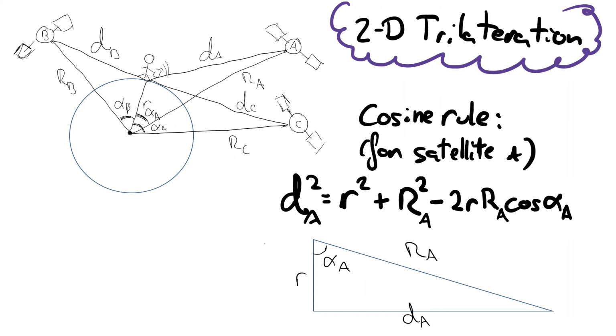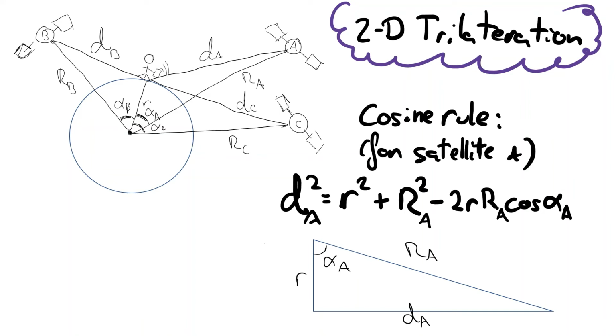Precisely the distance between our GPS receiver and satellite A. Does anyone recall which of the trigonometric formulas we know would allow us to compute distance d sub A? Exactly, the cosine rule. That is, d squared equals r squared plus capital R sub A squared minus 2 small r times capital R sub A times the cosine of alpha sub A.